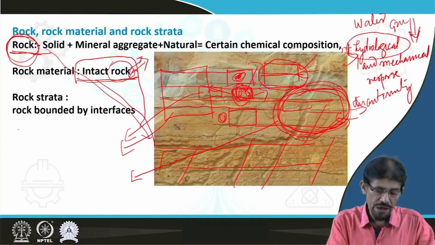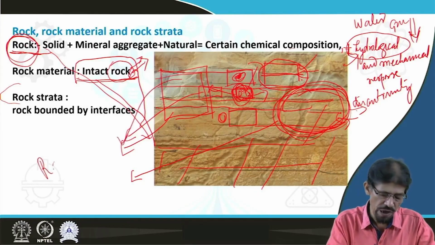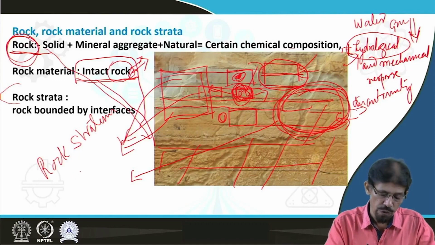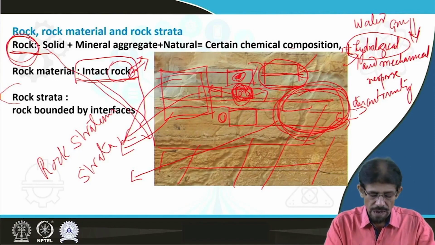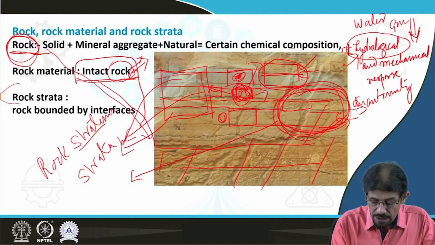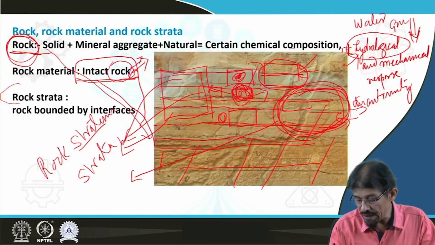Therefore, it is necessary to consider this zone as a rock stratum in geology, and if the number is more than one, as strata. As the stratum, you can see in geology, this bunch of rock is bounded by different interfaces that are recognized by geological events.